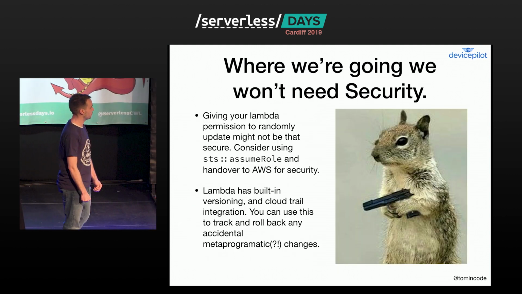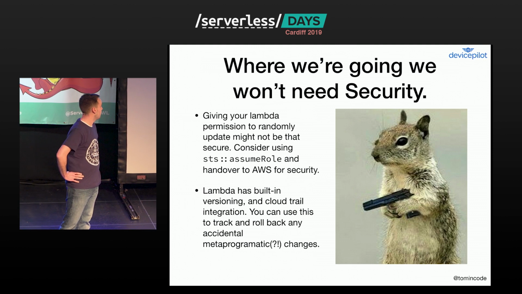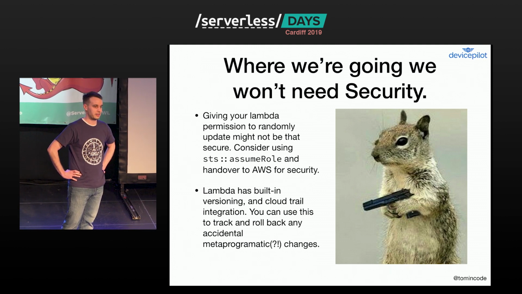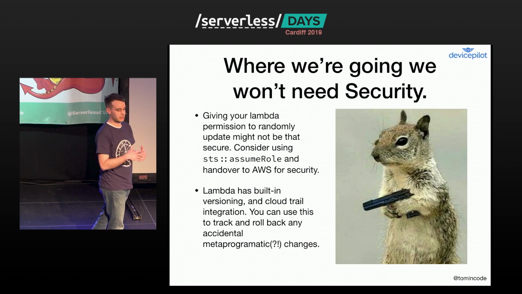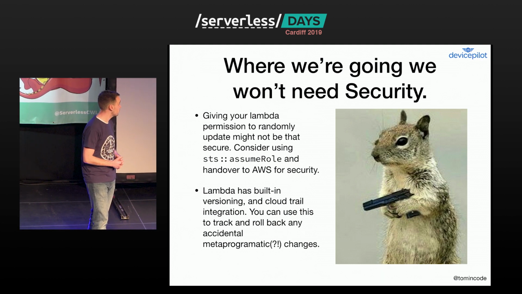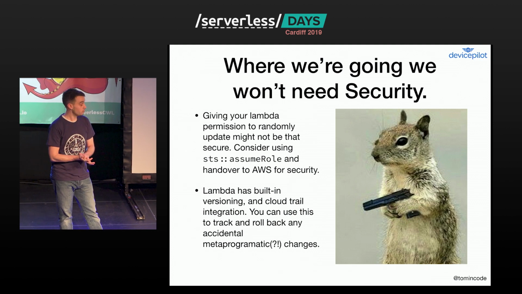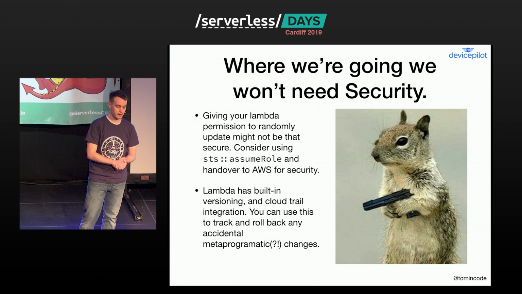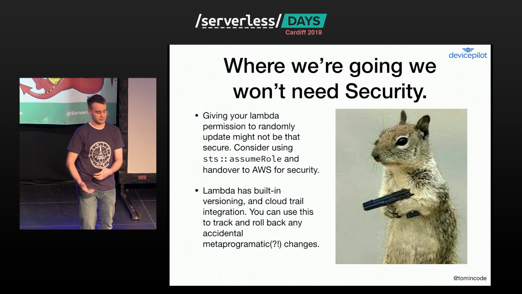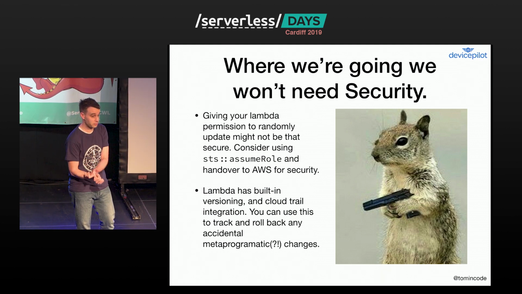I should probably touch on security, because it's a thing. Giving your Lambda the roles that allow it to just randomly, arbitrarily update its code and update its configuration is pretty dangerous. A solution to this is to use STS assume role. It's a good API. It makes it AWS's responsibility to authenticate and authorize your users.